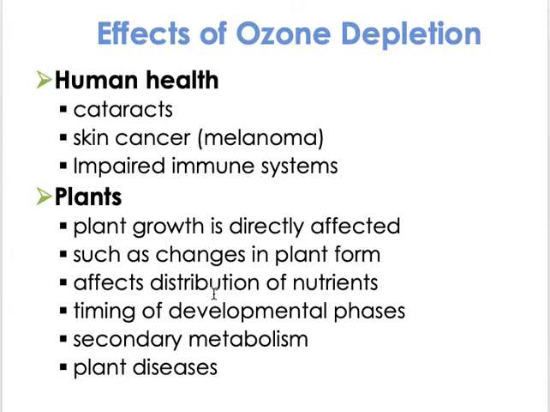So what are the effects of ozone depletion for humans? Ayan, nakakasanhi po siya ng sakit. Most likely, yung mga sakit po na to. For plants, bumababa po yung yield, especially for the crops.